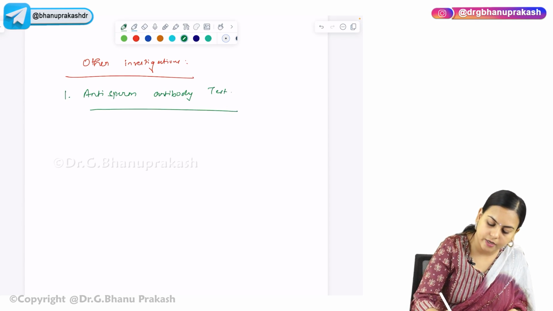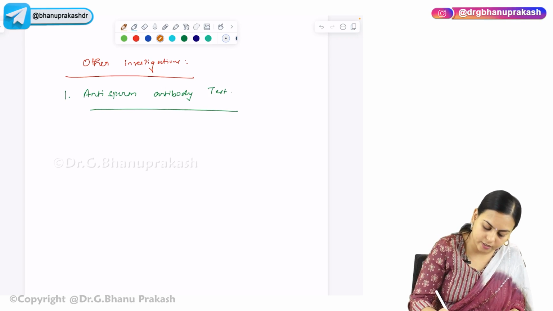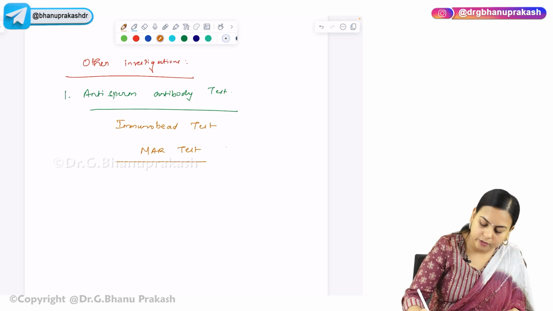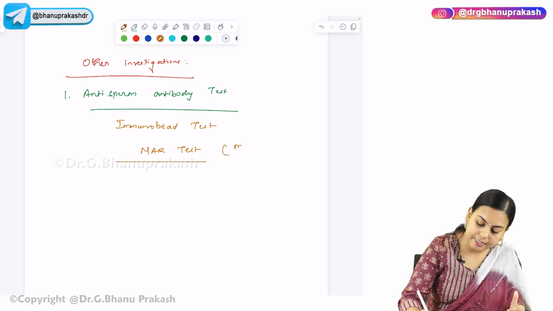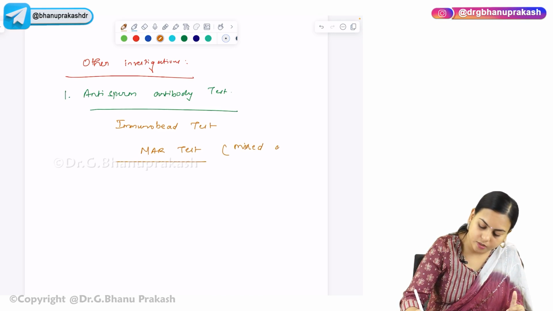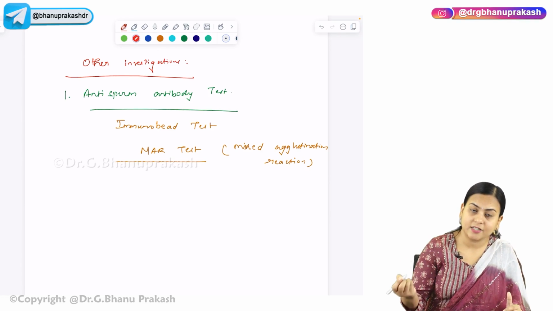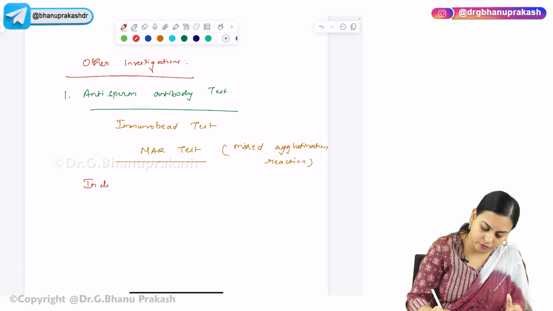Here we involve two tests, namely the immunobead test and the MAR test. What does MAR test mean? It is mixed agglutination reaction. So what are the indications of doing this test?